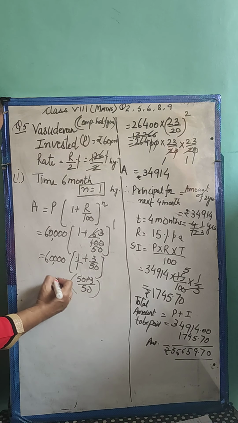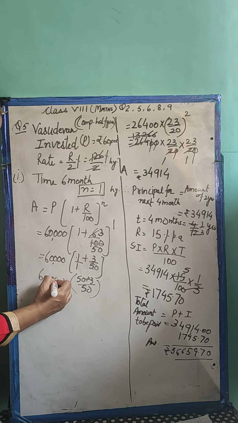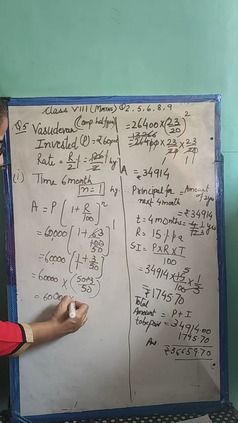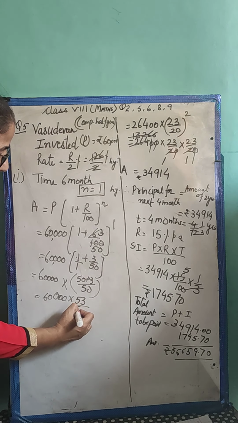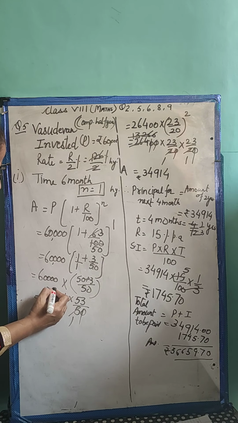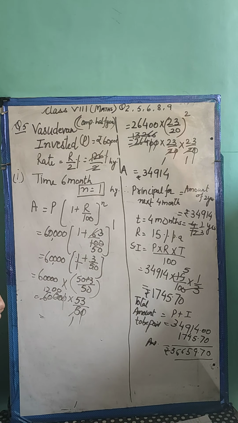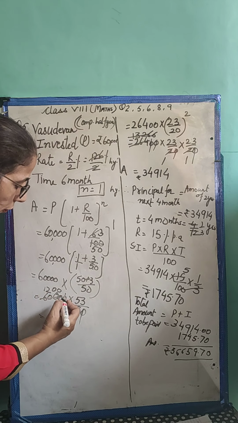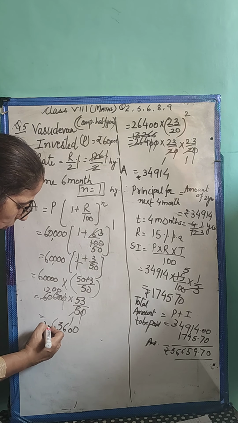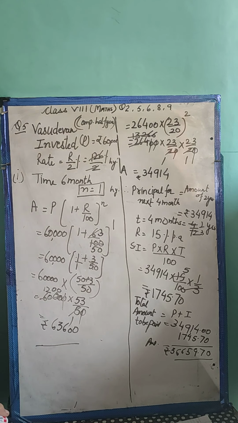So 60,000 into 53 by 50. 1 zero cancels. In the table of 5, 12 0 0. So when it is multiplied, the answer is 63,600. So this is the amount payable after 6 months.